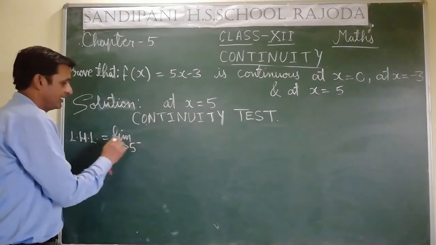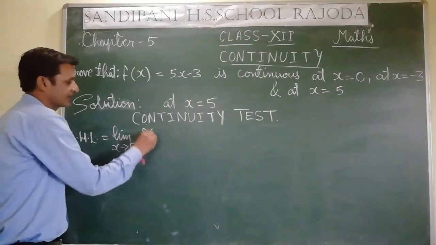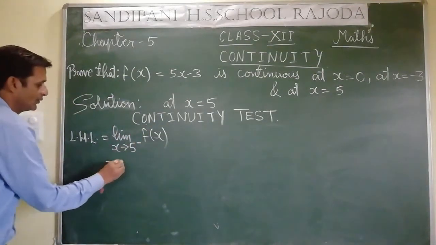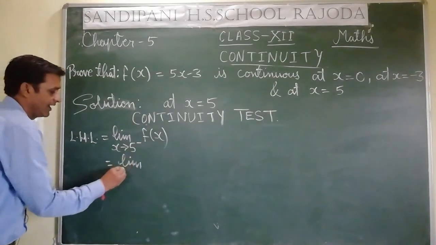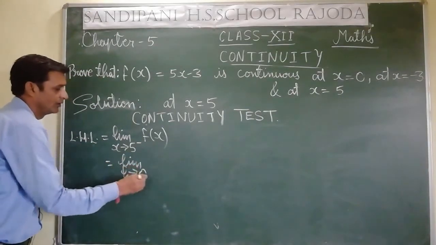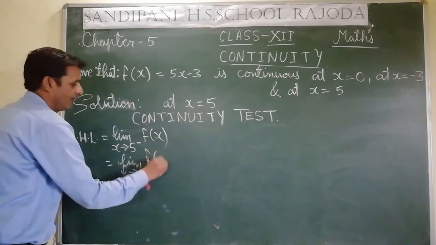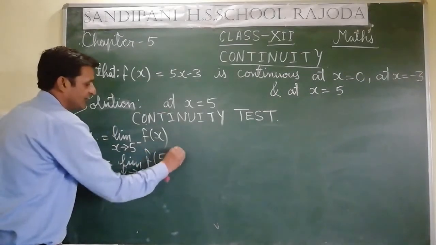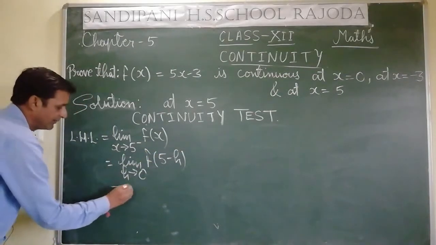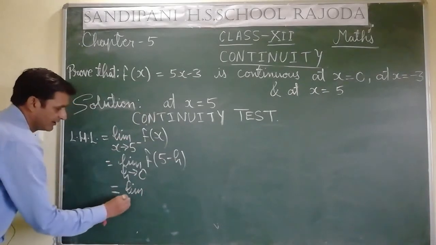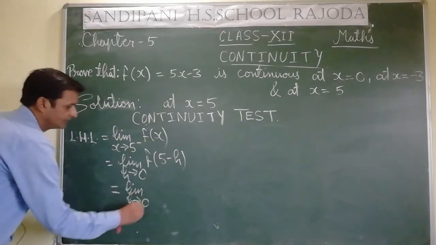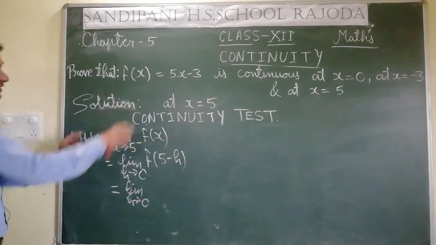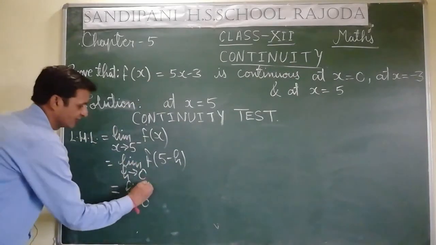So it is limit x tends to 5 minus f of x, that is equal to limit h tends to 0 f of 5 minus h, that is equal to limit h tends to 0, we put in place of x 5 minus h.